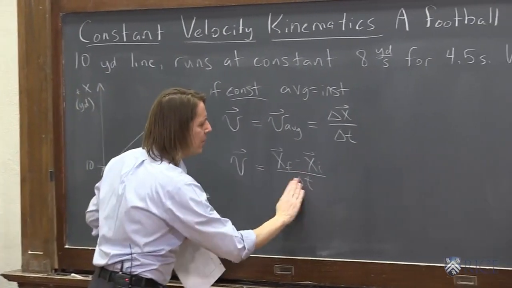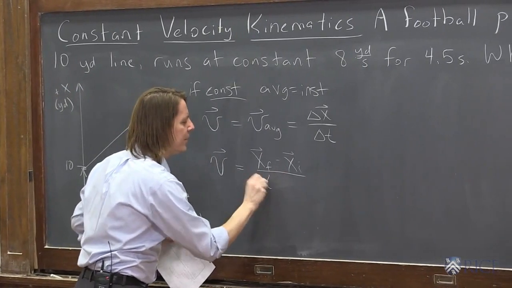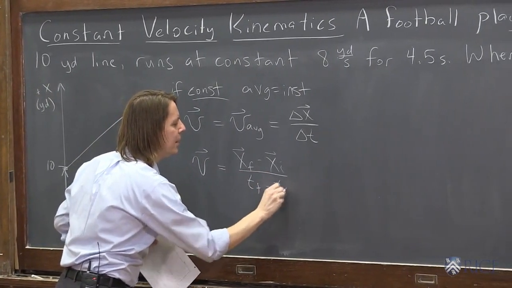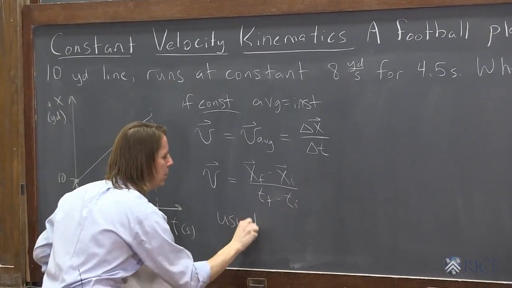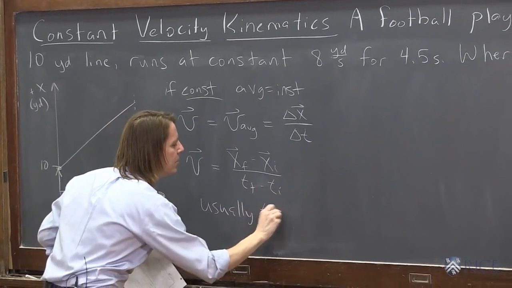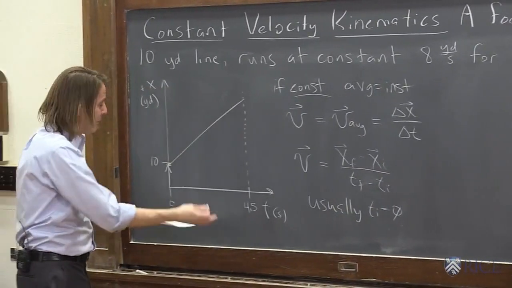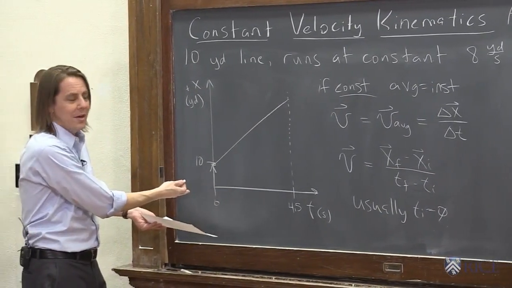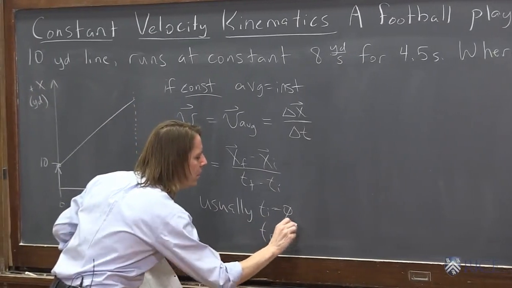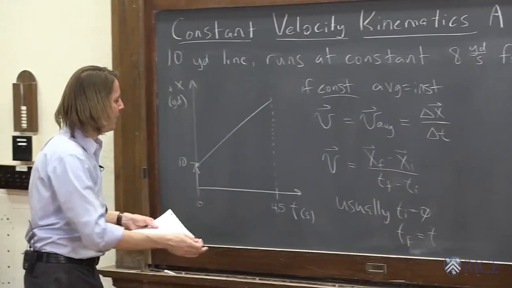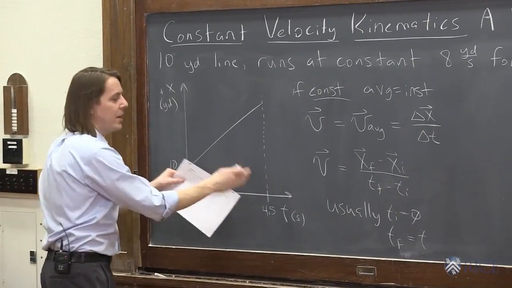Okay, so down here, delta t I should have written as time final minus time initial. Usually time initial is just 0. We're going to put something at the origin. Usually initial time is 0, and then usually tf we just call t. We usually are going from time equals 0 to some time t.